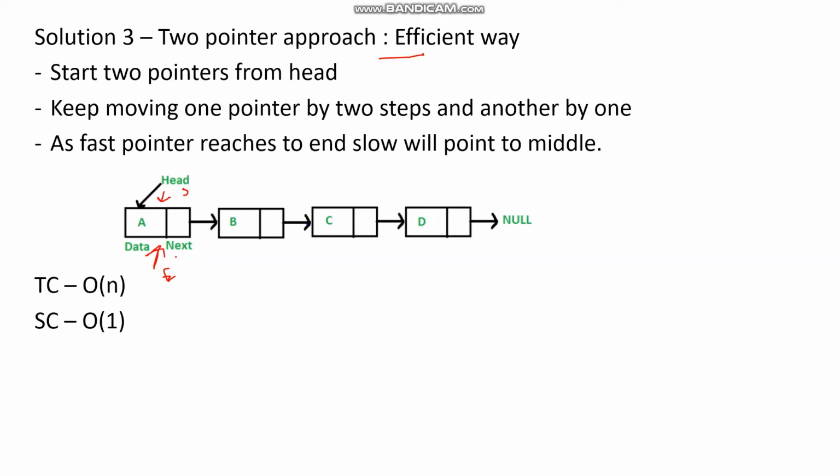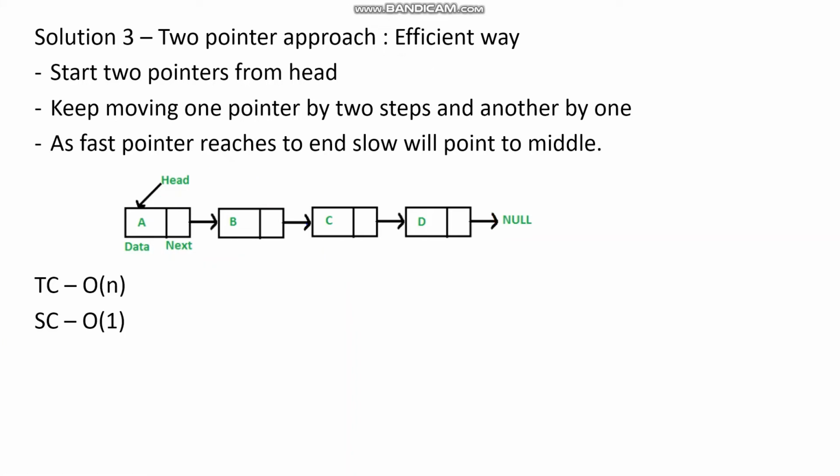We will be moving this pointer by 2 steps at a time, and this pointer by 1 step only. Then again we will move it, and as we move the second step, it will reach the null, and we will check this condition in the code, and our slow pointer will be at the middle.